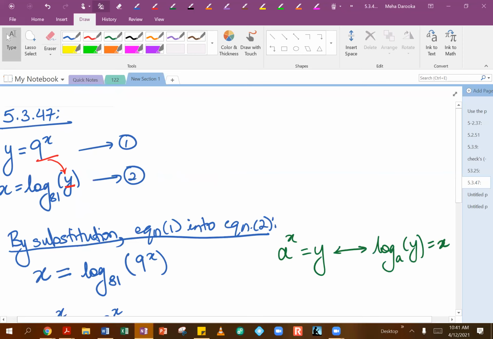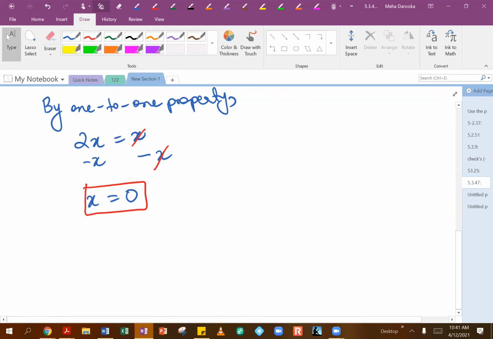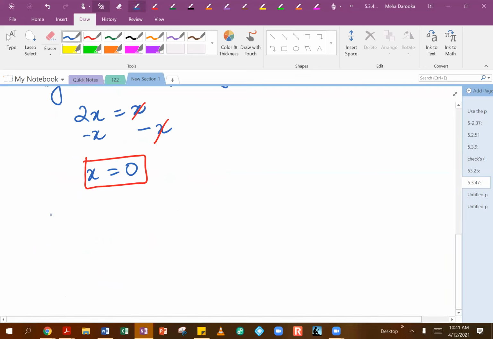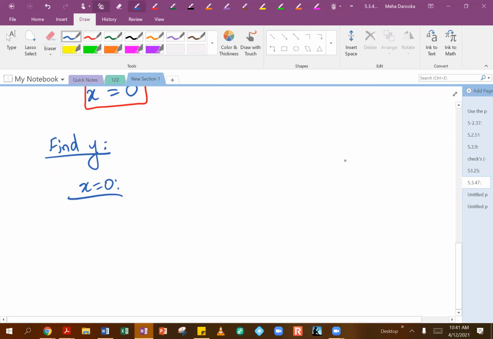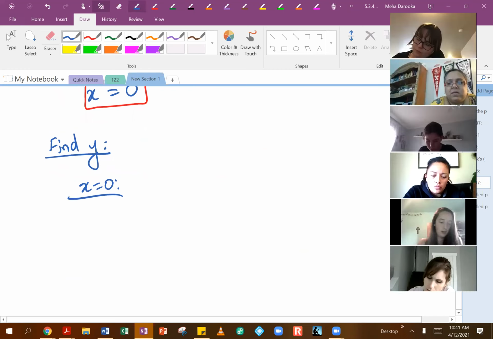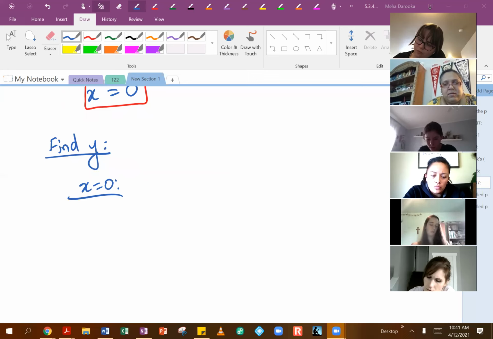Of course, you want to go back and find your y variable. So can you tell me what your y variable will come out to be using whichever equation you want to? Use one of the two original equations to find the y value.